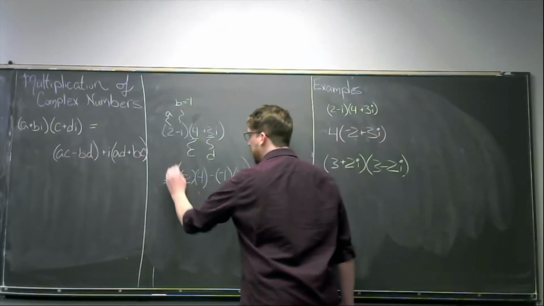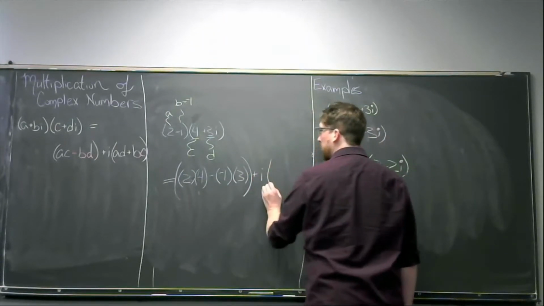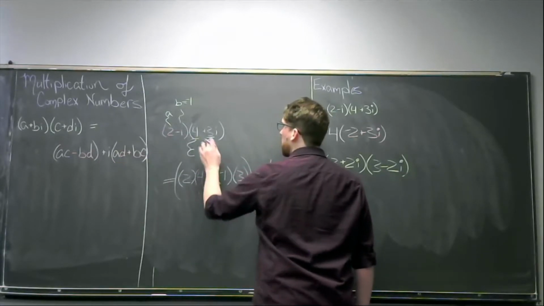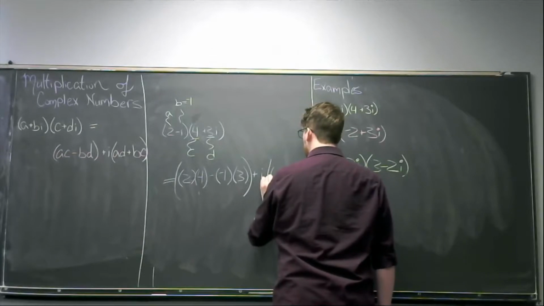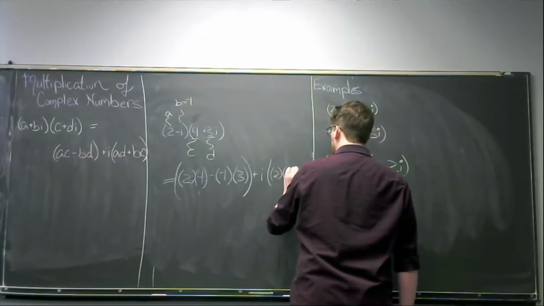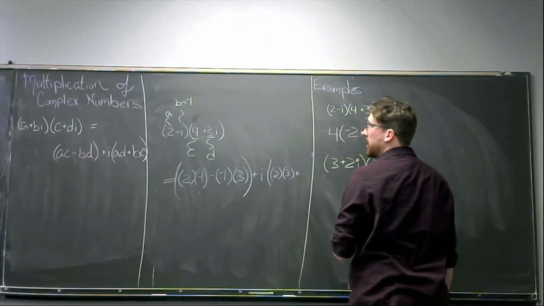All that grouped together, plus i times a times d, that's going to be 2 times 3, plus b times c.